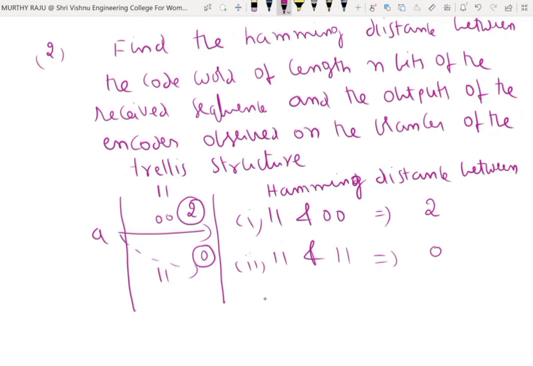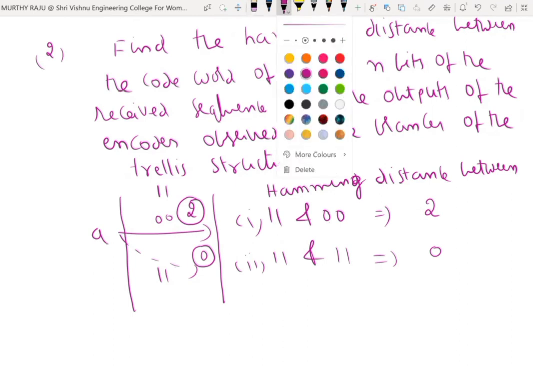This initial Hamming distance is called the branch metric.